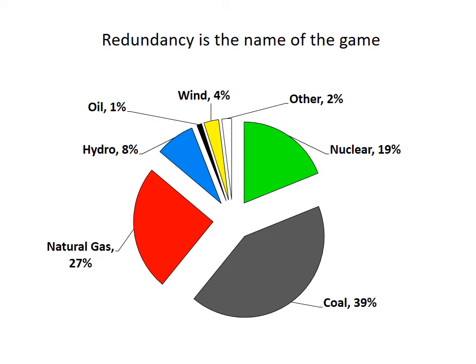In other words, we could build twice as many generators as we need and have a much smaller likelihood that we're going to ever realize some sort of shortfall in electricity demand and potentially blackouts or something like that. It's a little more complicated than that, but we have to try to figure out, is it worth it for us to do that? Because building twice as many power plants as we really need would be extremely expensive.